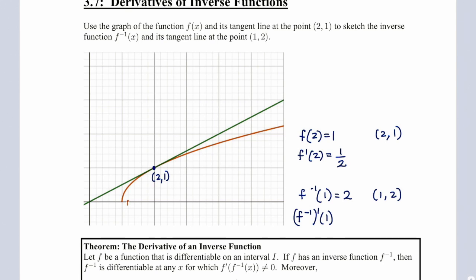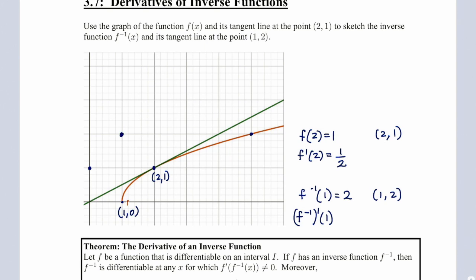So that's why I was picking on 1, because that was the output for the original function at 2. And we can remember that sketching the graph of an inverse of a function just means swapping all the values of x and y and creating a new set of points. So this point here on f is (1, 0), so I want to make sure that I have (0, 1) on f inverse. I have (2, 1) on f, so I want to have (1, 2) on f inverse.